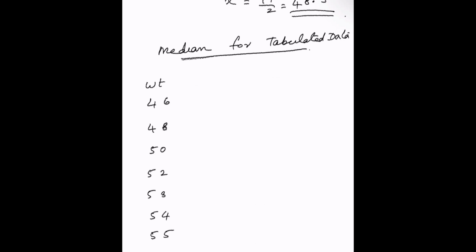The number of children, or frequency, is 7, 5, 8, 12, 10, 2, 1. This is the frequency.